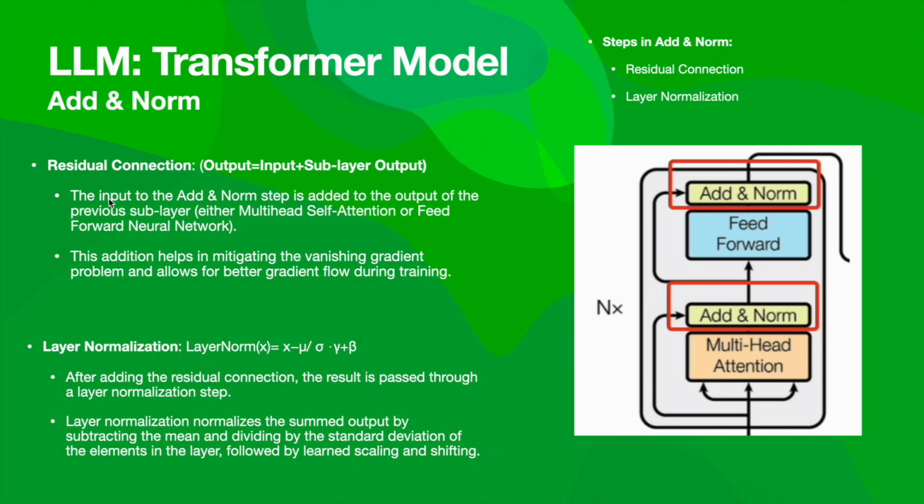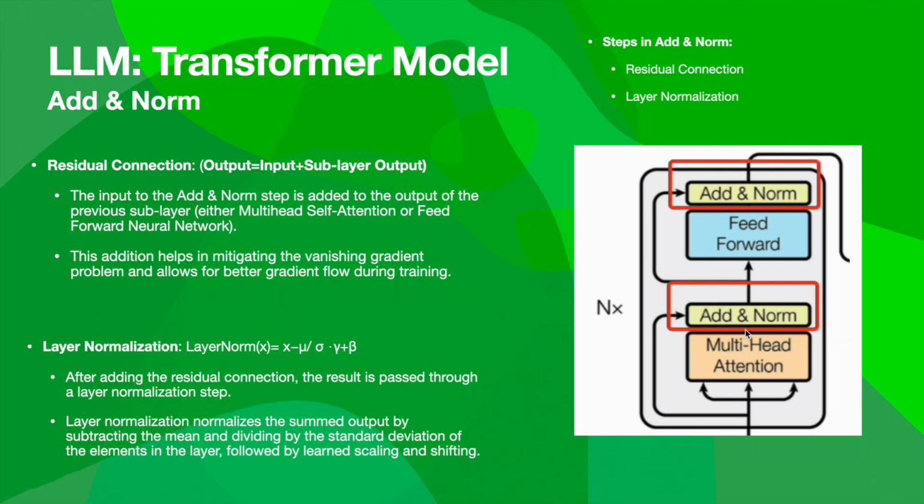In the residual connection, you take the input to the multi-head attention as well as the previous sublayer output, then add them and perform a layer normalization on that. So the input to the addition and normalization step is added to the output of the previous sublayer, which we call the multi-head attention.